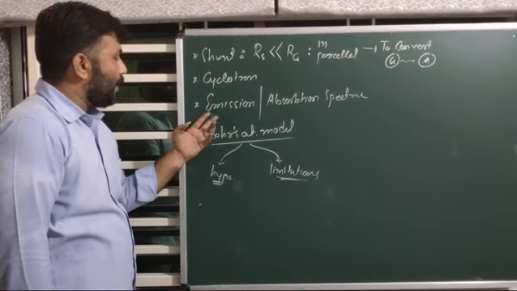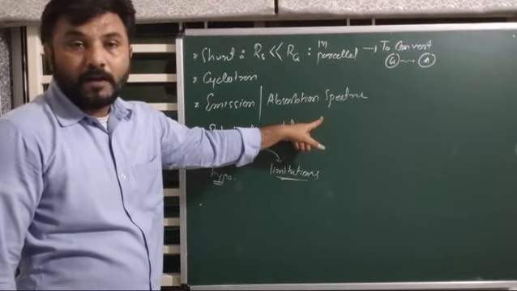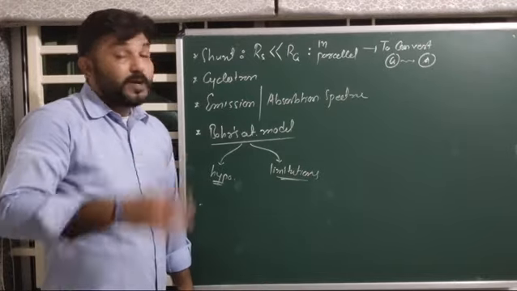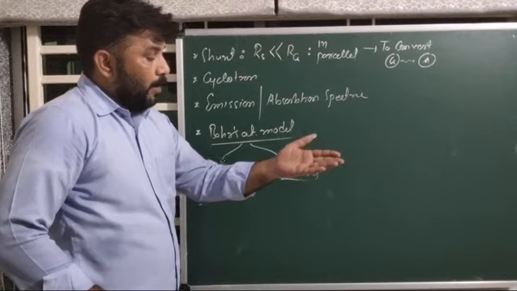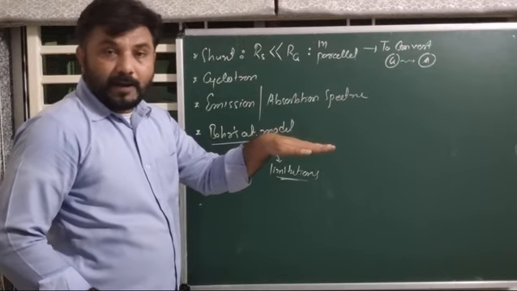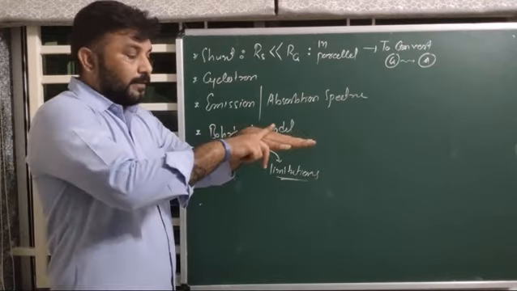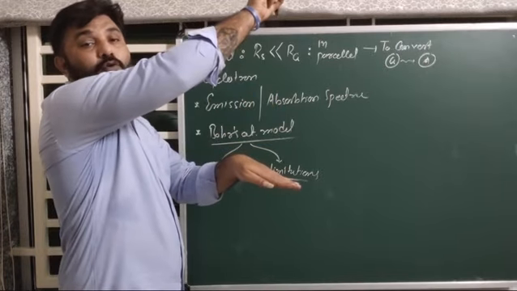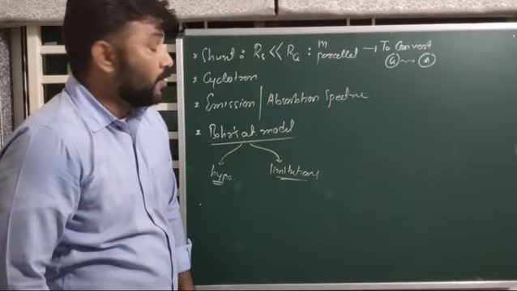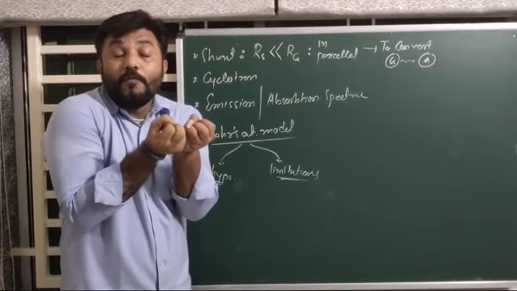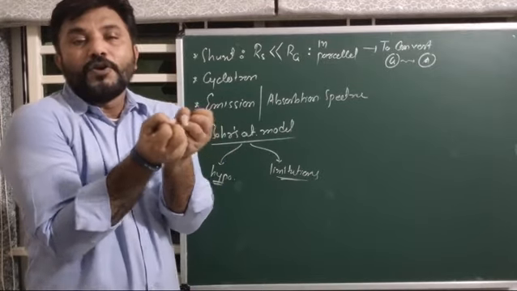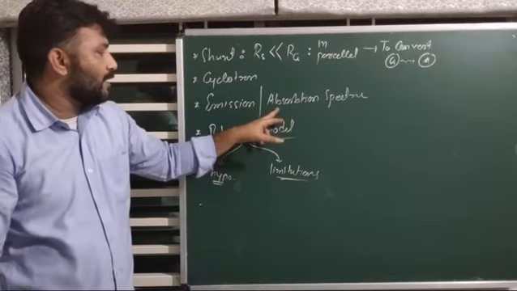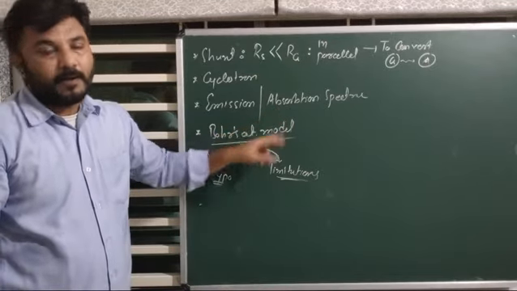At that time, you will get emission spectra, right? What is absorption spectra? If electrons are present at ground state, then the electron absorbs energy and goes to a higher energy level. When it absorbs energy, you will get the dark lines. Those dark lines are known as absorption spectra.